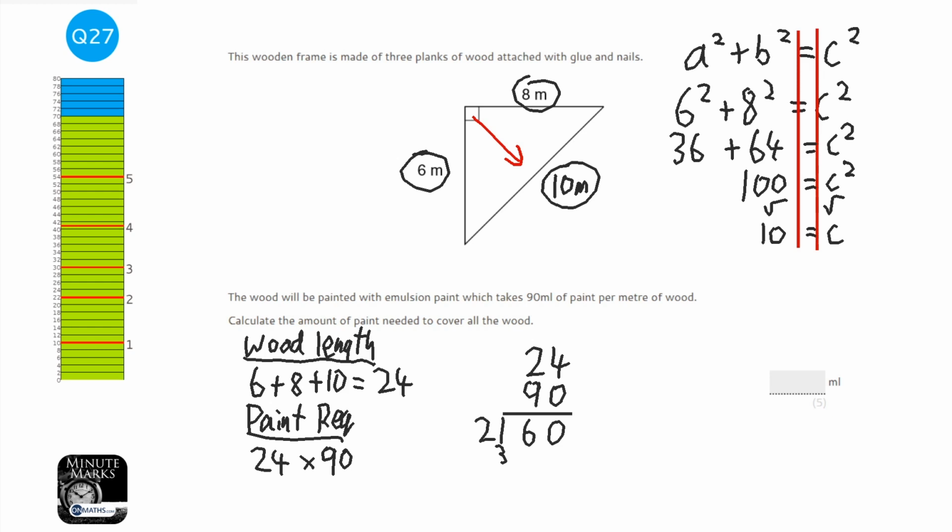And what we could have done is 9 times 24 and just added a 0 onto the end of it. There's loads of different ways of doing these things. So it would be 2,160 millilitres. If you asked this in litres it would be 2.160 litres, because there's 1,000 millilitres in a litre.